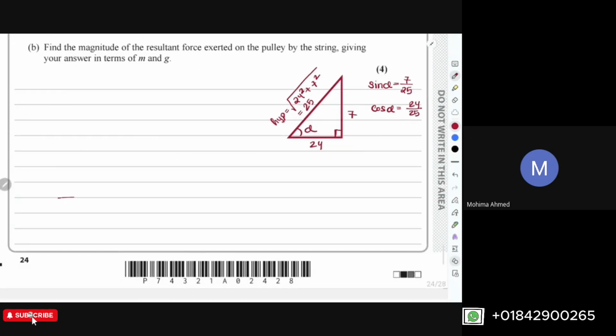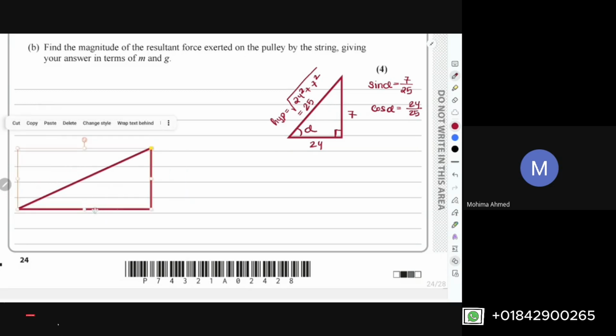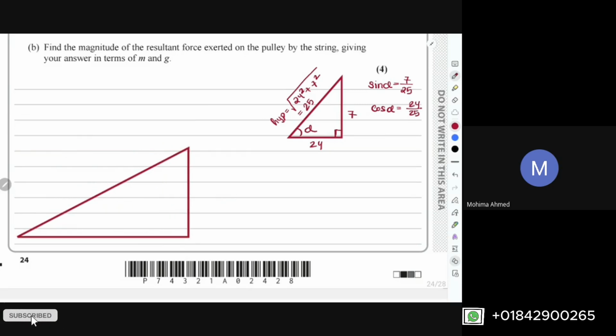Again, I want to draw a very clear inclined diagram showing how the forces are acting on the different particles. This is where one particle was, this is where the pulley was, and this is where the other particle, B, was hanging from. Okay, this is how it looks.